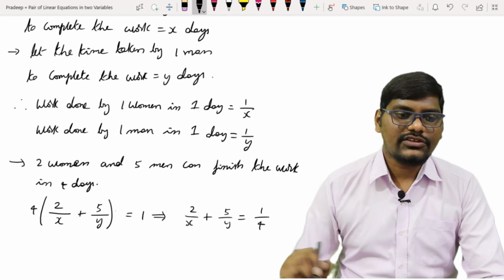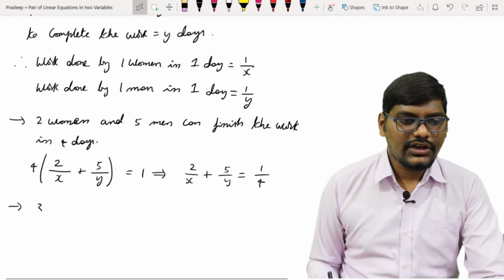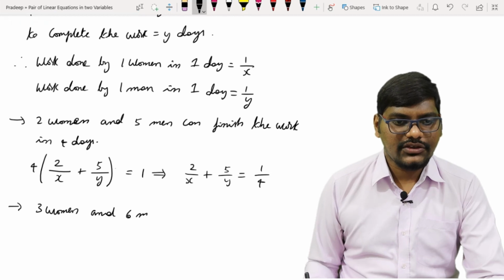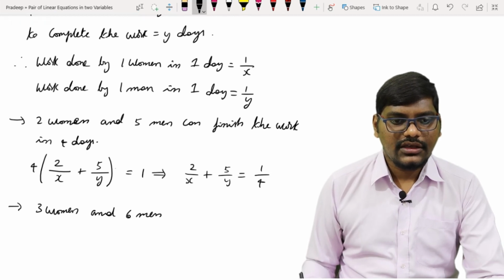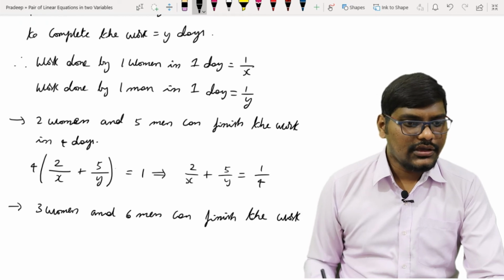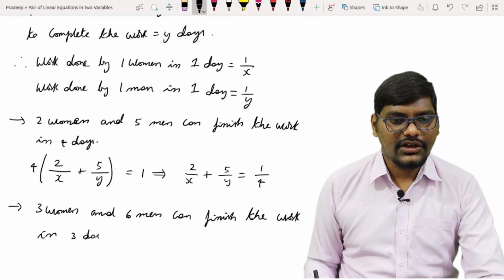Okay, so we'll see the second condition also, that is 3 women are working and 6 men, 6 men in this case, can finish the work in, now in this condition it is 3 days they are taking.